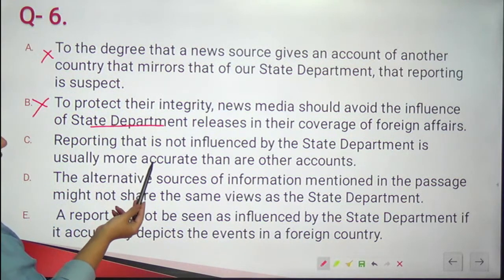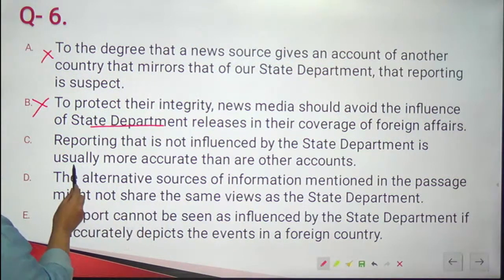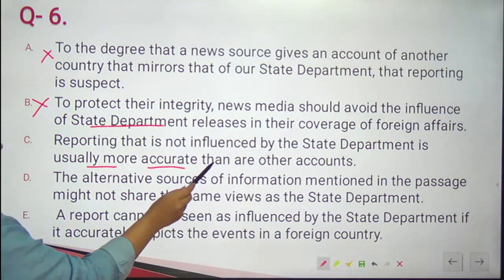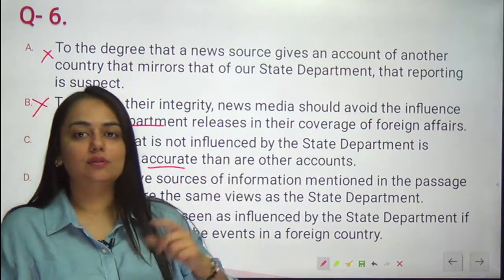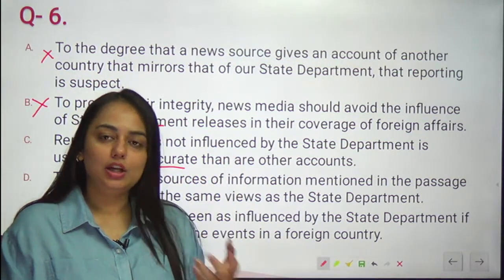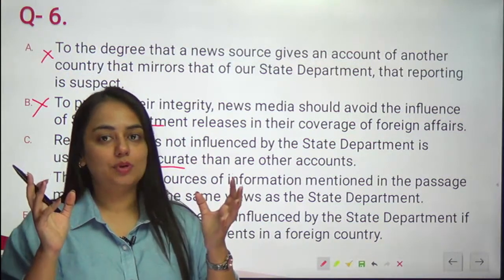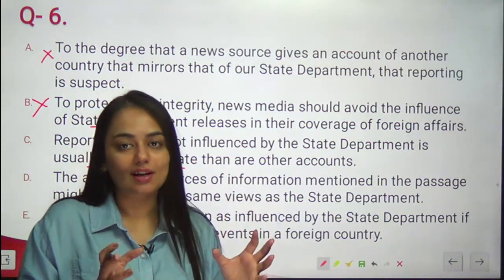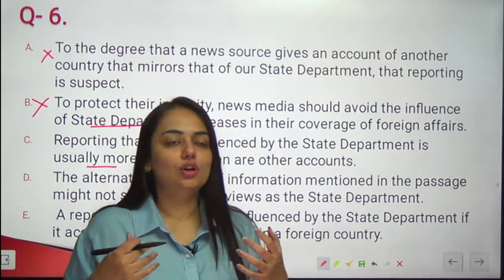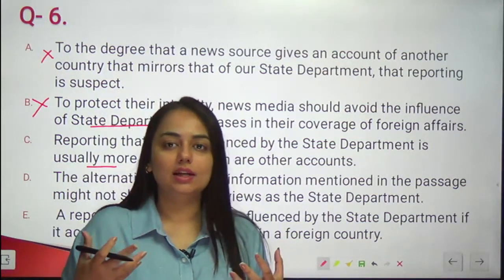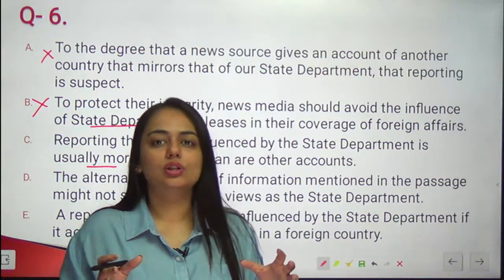Reporting that is not influenced by the State Department is usually more accurate than any other accounts. This is also a faulty inference. So any news that is not from your state perspective will be the best and the authentic kind of news. Again, this is not something he wanted to say. The author was not stating that you should completely ignore the state view.